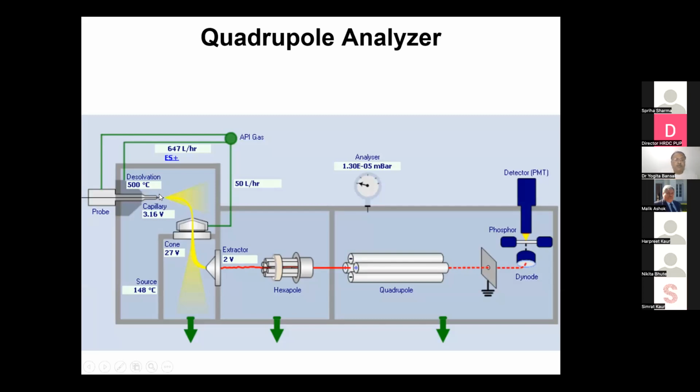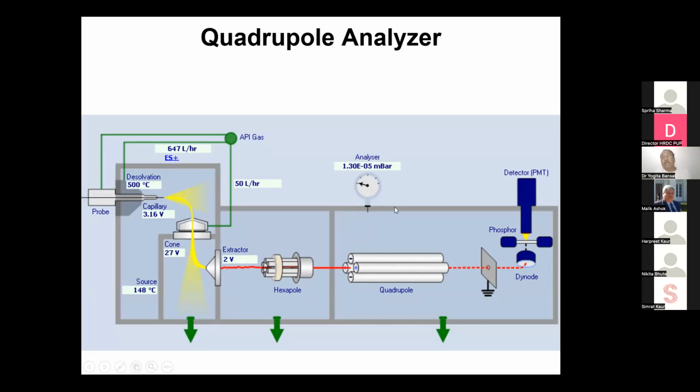So this is your ionization chamber, and in this ionization chamber you convert your molecules into ions, and those ions are then fed into the quadrupole. This quadrupole analyzer is again maintained at a very high vacuum.